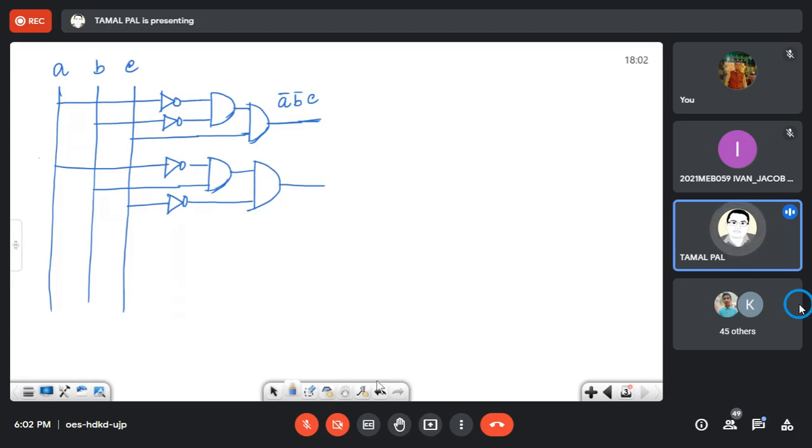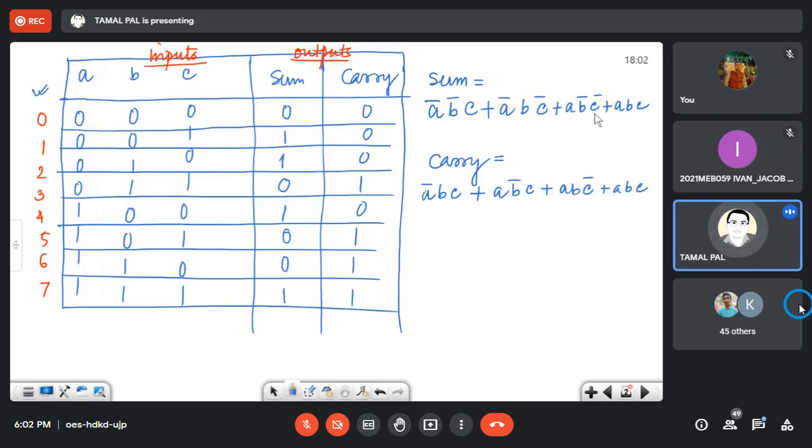It is the second component of the sum. This is A bar, B, C bar. Okay. Next, A, B bar, C bar.